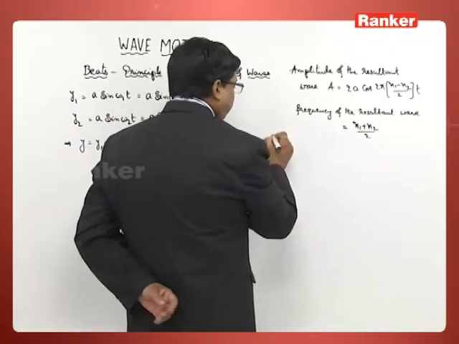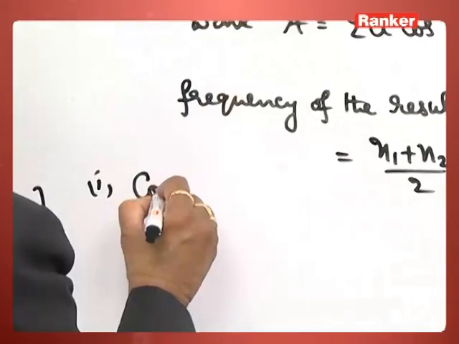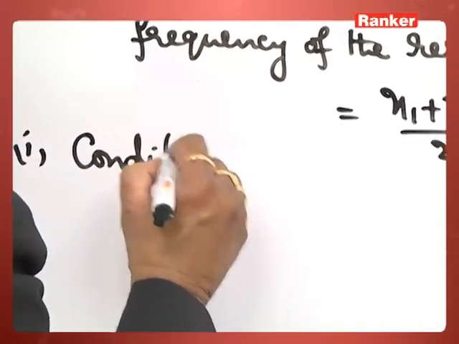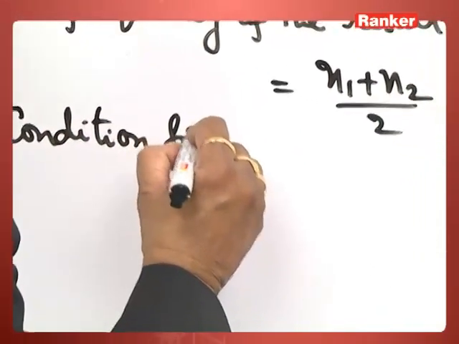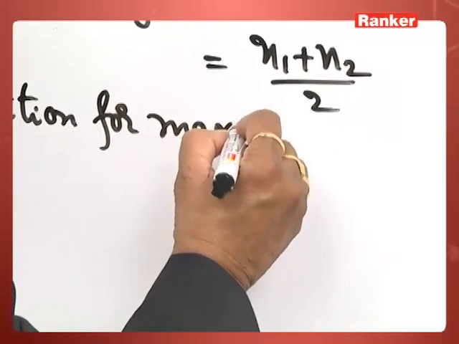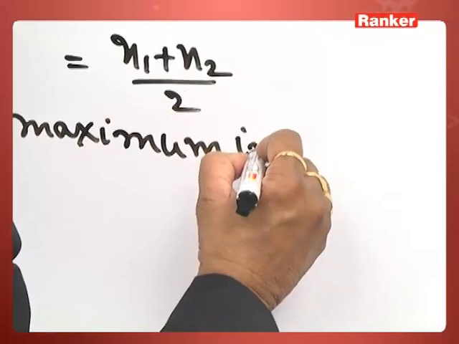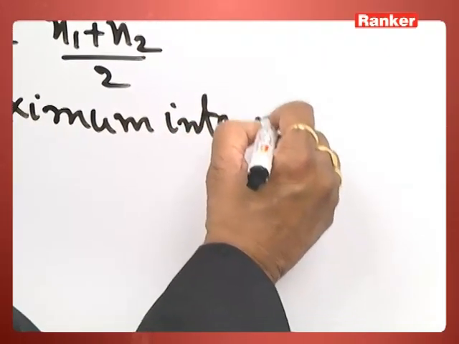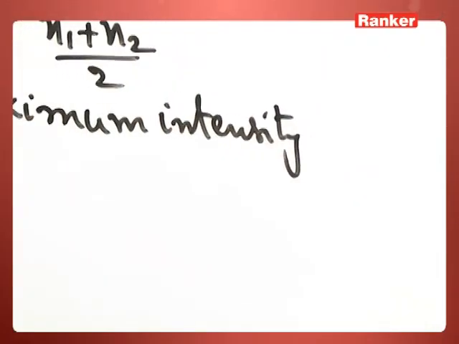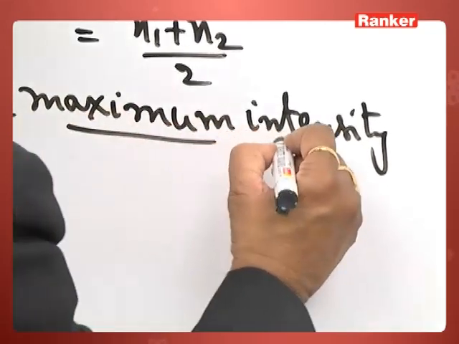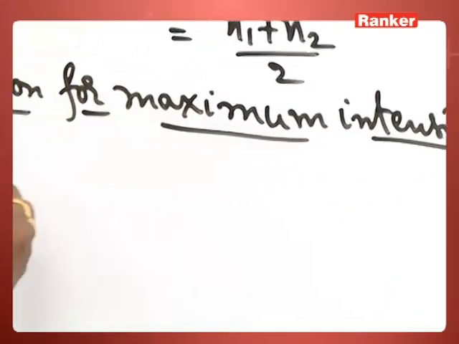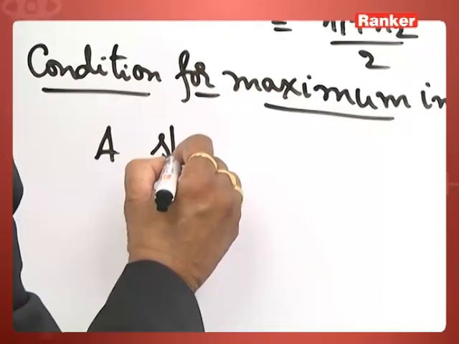Therefore, let us write here first one, the condition for maximum intensity. That is what we just want. What is this condition? For maximum intensity, A should be maximum.